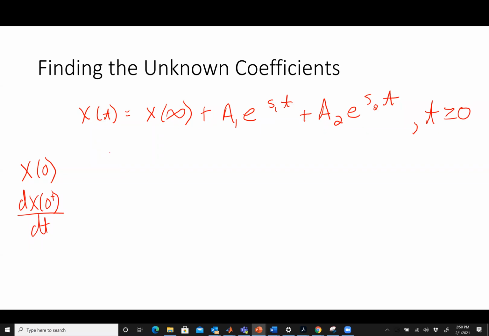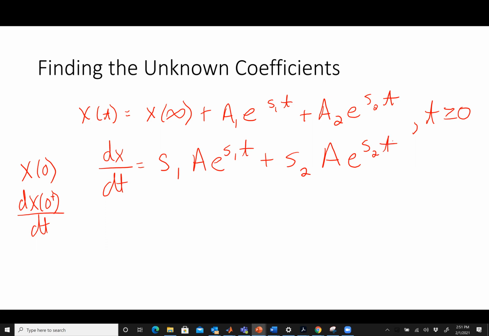So that means I got to take the derivative of this thing to be able to figure out a1 and a2. So if I take the derivative of that with respect to time, what happens to x infinity always? Goes to 0 or 1? Goes to 0, yeah, because I'm talking about constant sources. The steady state always has to be a constant value. So this guy is going to work out to s1 a1 e to the s1 t plus s2 a2 e to the s2 t.